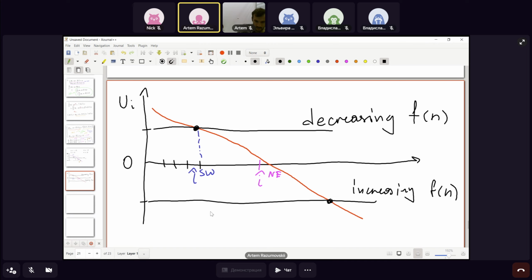An intersection point is here, and the social welfare somewhere here. Right, depending on whether I have an increasing or decreasing function, the I social welfare can be greater than at Nash equilibrium or lower. Is it more understandable? Yes, thank you.